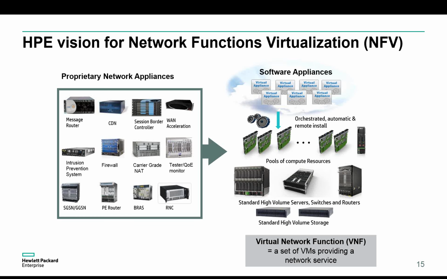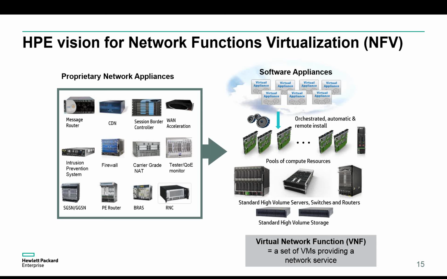And so we're seeing network equipment vendors offering software-based firewalls, software-based load balancers, and we're seeing network infrastructure managers begin to deploy those as hosted virtual machines on pools of shared compute resources.